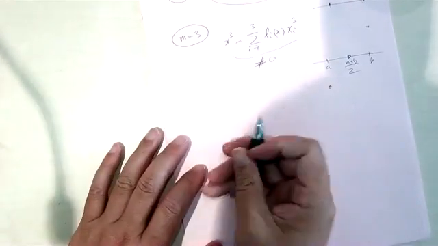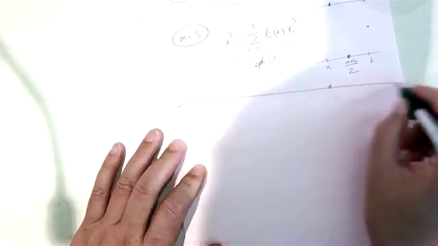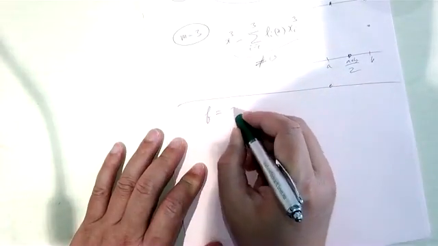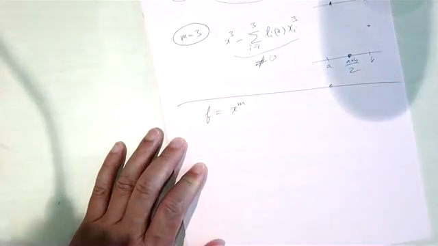So in this case, what is the function? In this case, f is x to the m.